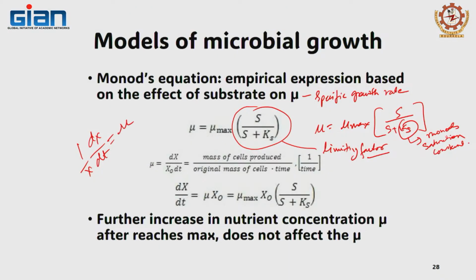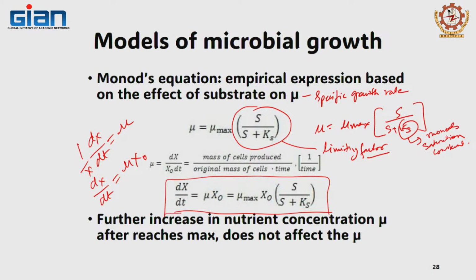So, mass of cell produced divided by the original mass of cell times time. If you rewrite this equation, that is what has been done in the last line here. So, dx by dt becomes mu x, where x naught is your initial cell concentration, and we know that mu is mu max S over K S plus S, so you just substitute that. This is the equation that you will get.